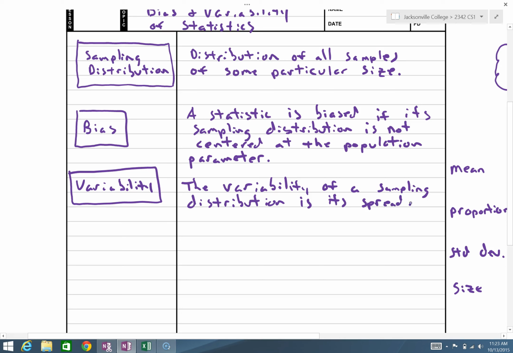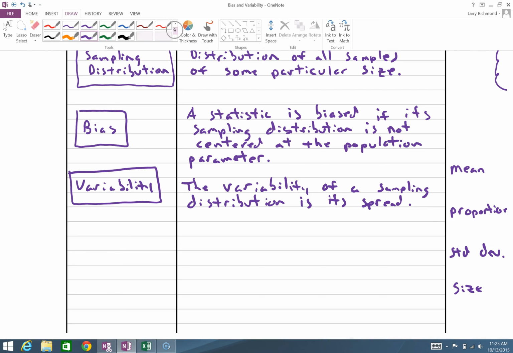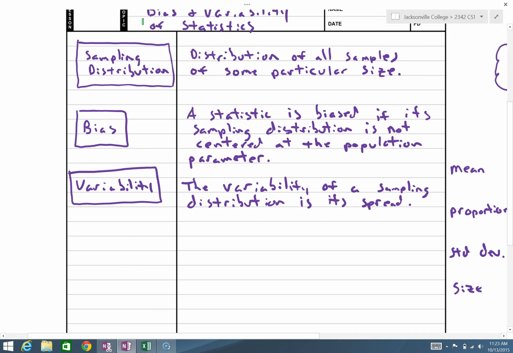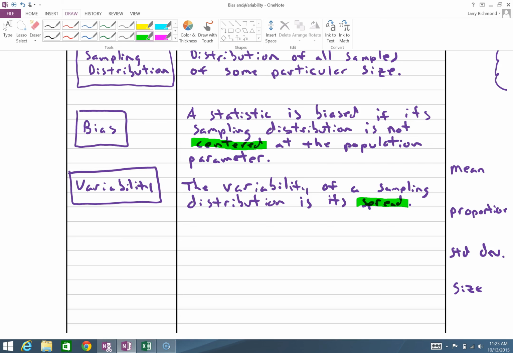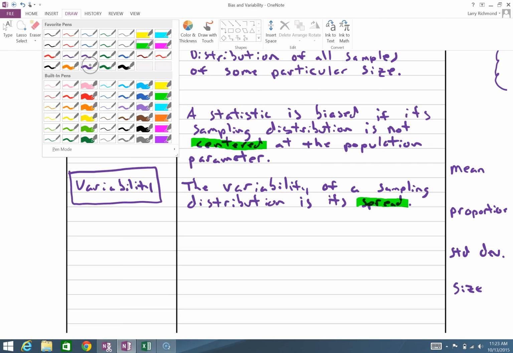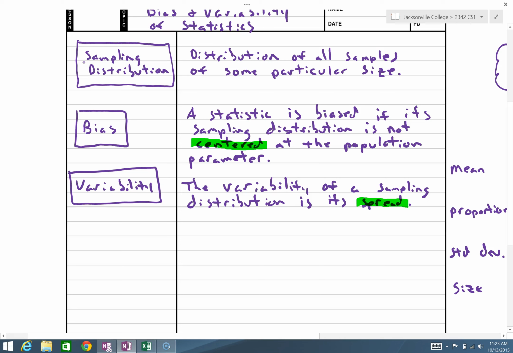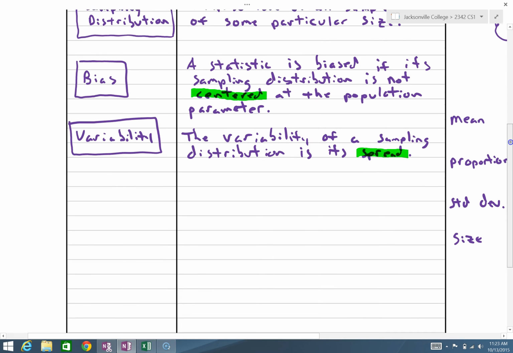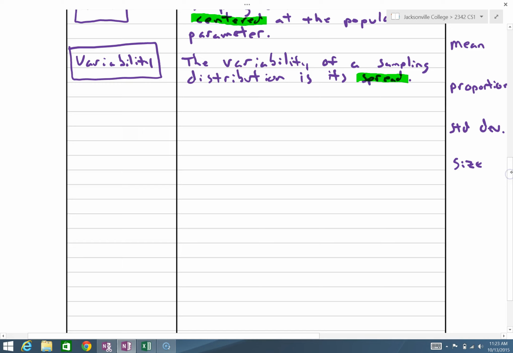And again, we see these two key concepts we've talked about often in this course: center and spread. Bias deals with center, variability deals with spread. All right, let's look at some specific examples of what I'm trying to communicate here with bias and variability.